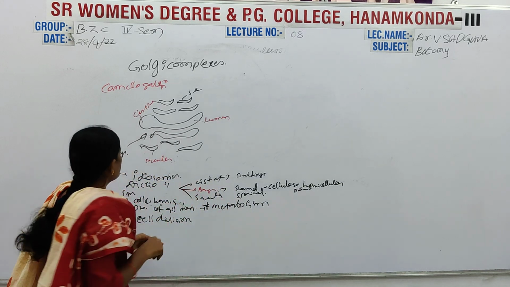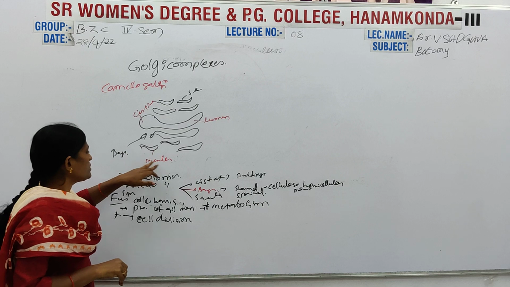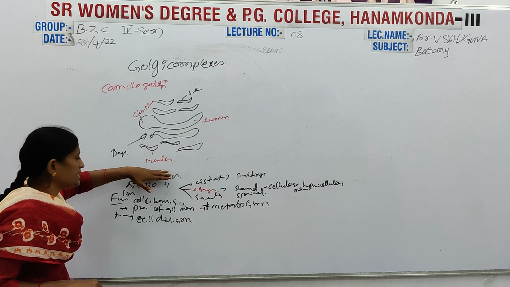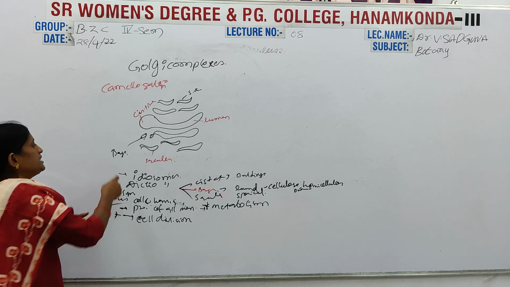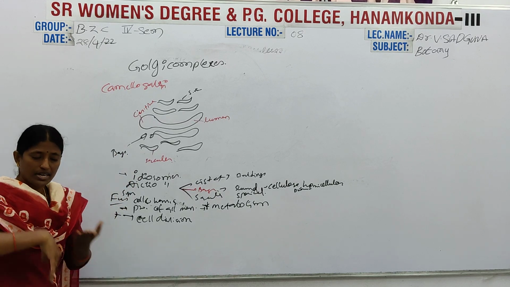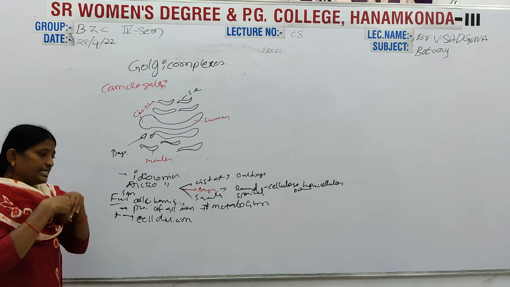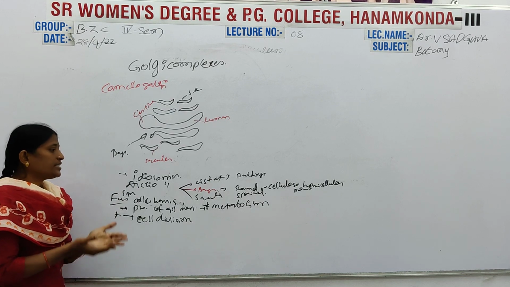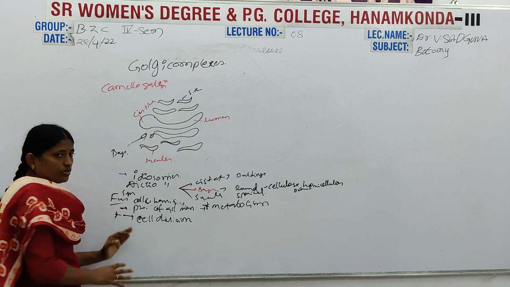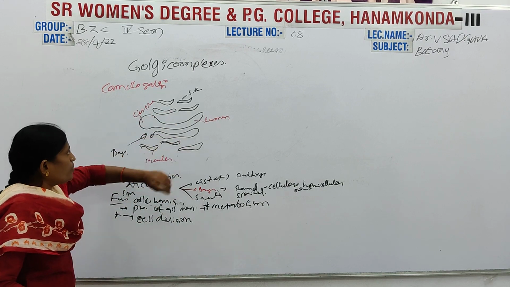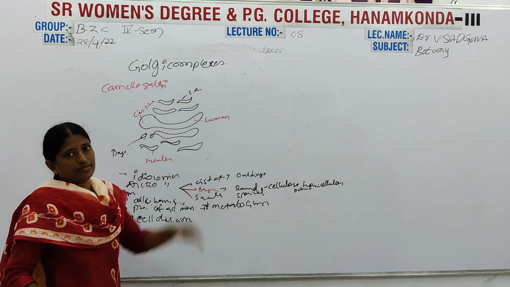The bags consist of different types of things, and at the same time the saccules also. They have a chemical structure, involving the compound that is synthesized as well as what the compound is made up of. That's why it is a complex manner in the Golgi complexes. Okay.